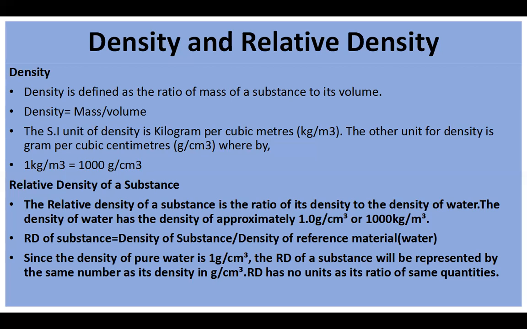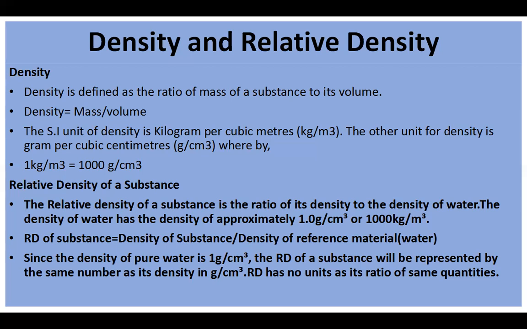For example, if you are given a substance in kilogram per cubic meter, and you're trying to find its relative density by using the density of water, that is 1 gram per cubic centimeter, you won't be able to find it.